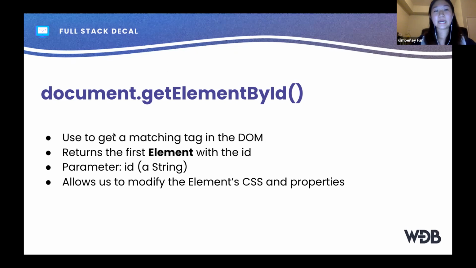I'm going to talk about the next method, document.getElementById. This is essentially the same thing as querySelector, but the difference is that it's a lot more specific. Instead of getting tags, classes, or IDs, this gets particularly IDs, and it's a very common method to use. It should be pretty similar to before.